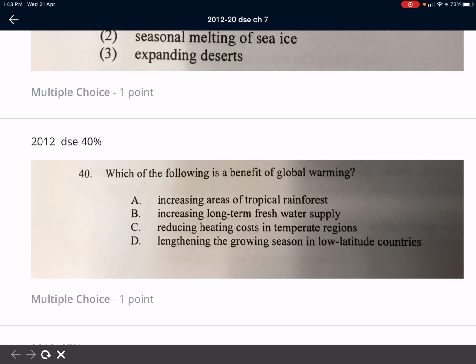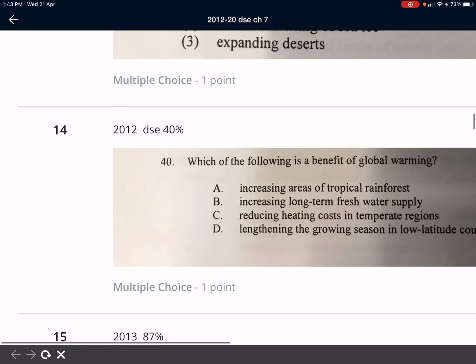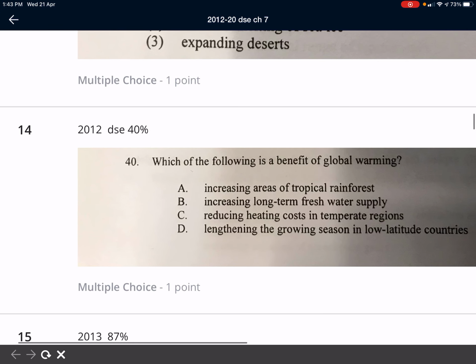Okay, increasing in the long-term fresh water supply, is it the case? No, because it's just short term, even though the fresh water supply can be enhanced by the melting of ice caps, but it's not really going to be a lot.